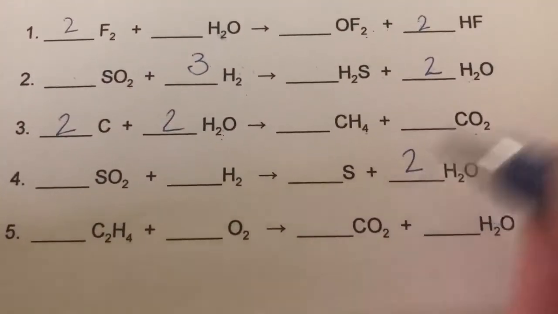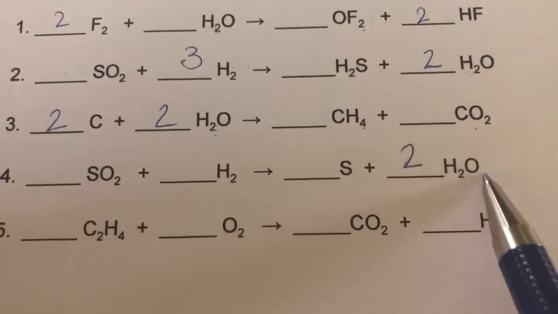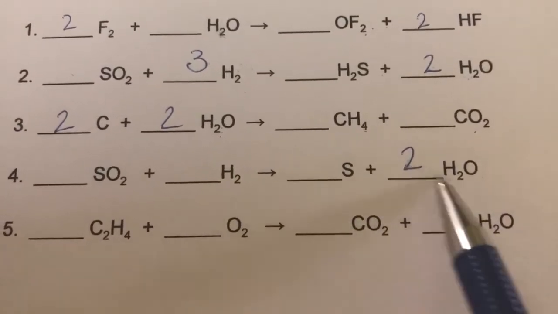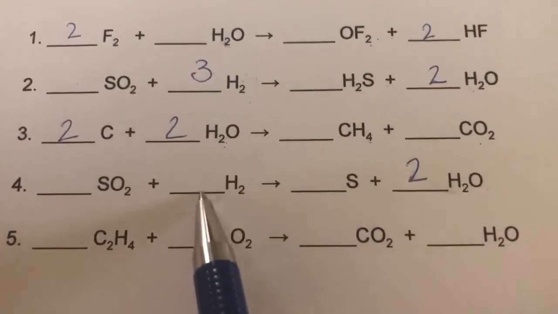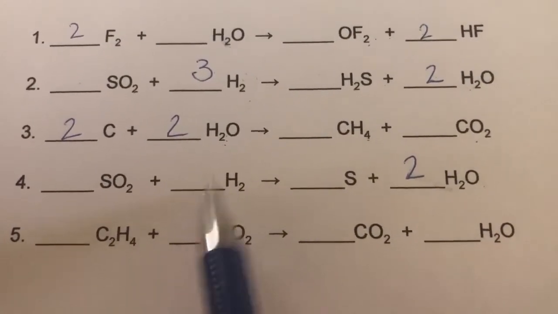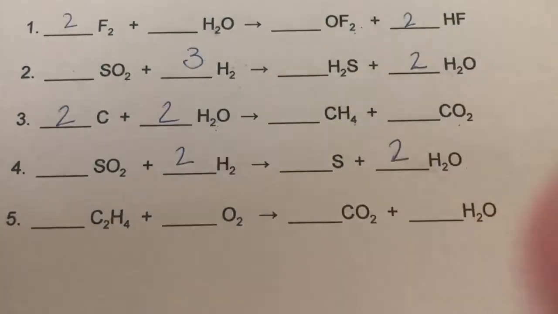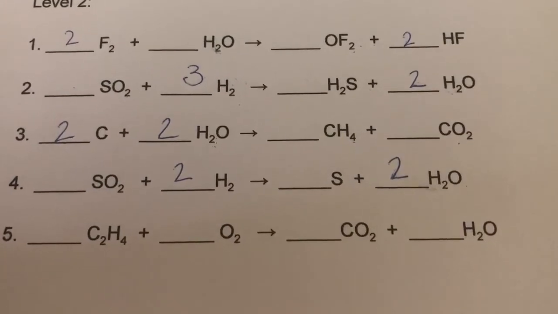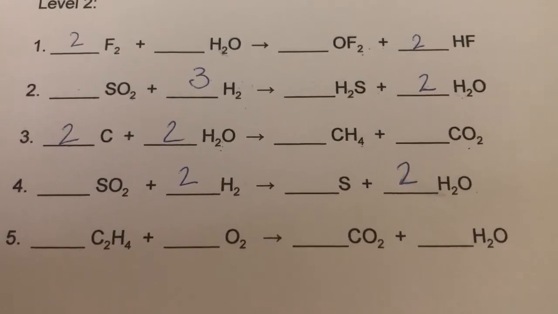That means I need a coefficient of 2. I've got to distribute it through. Now that gives me a total of 4 hydrogens. So on the reactant side, I need 4 as well. So I need a coefficient of 2. I am now balanced, and my ratio is 1 to 2 to 1 to 2.